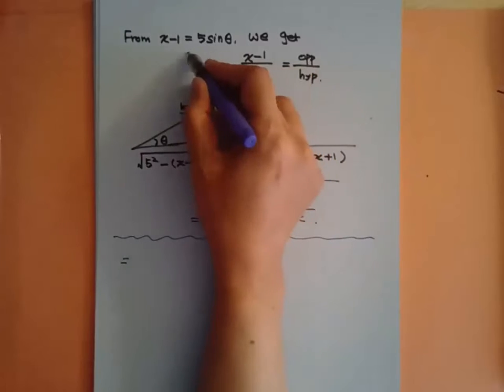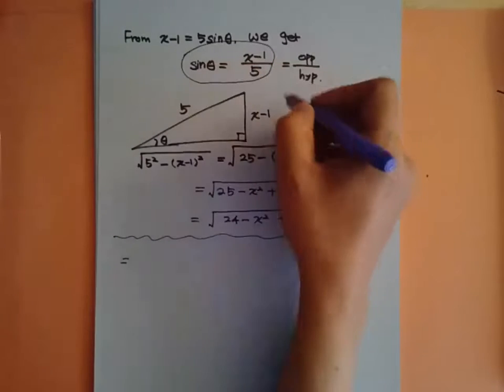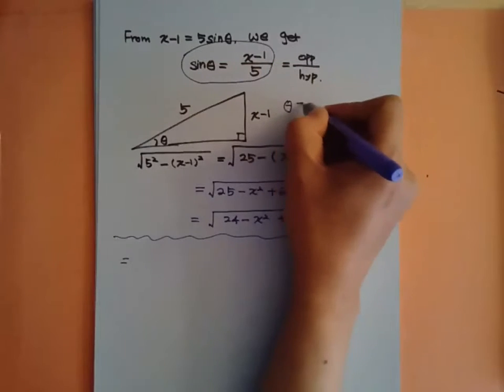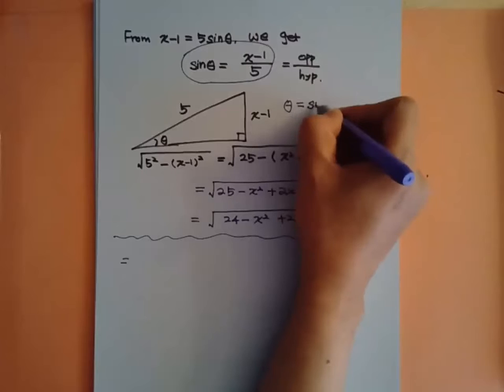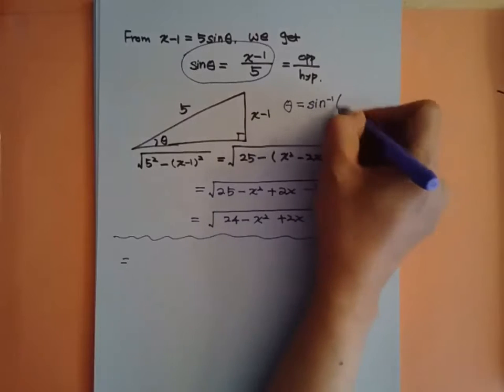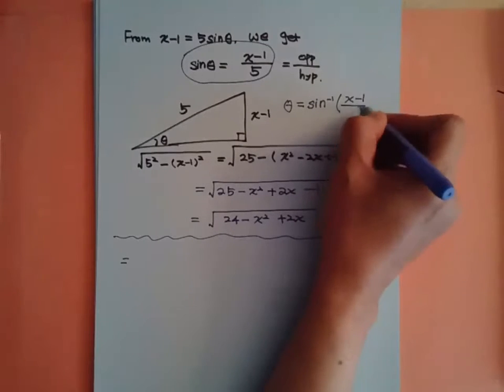So from here, we can say that theta equals sine inverse of x minus 1 over 5.